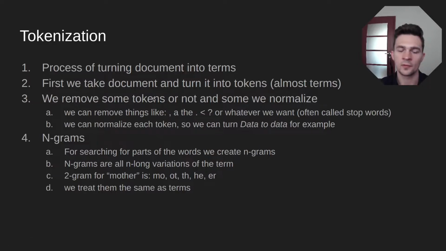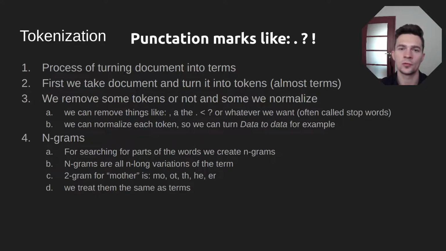Given tokens from the documents, we often remove things like semicolons, delimiters, periods, and so forth. And the things that we don't want, we often call stop words. Also, we can have things like a, and, will, and punctuation marks that we don't want to have in our inverted index.